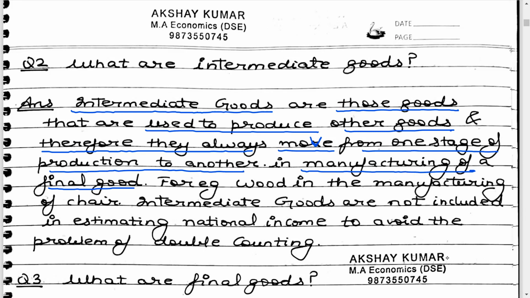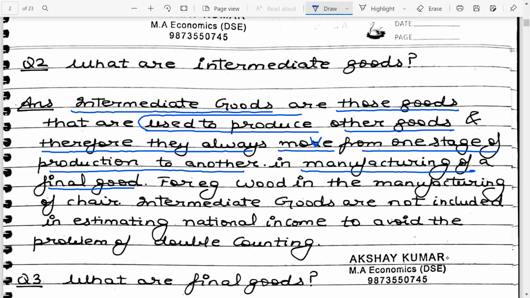So when we talk of intermediate goods, these are those goods which are not meant for final consumption. These are those goods which are used to produce other goods.